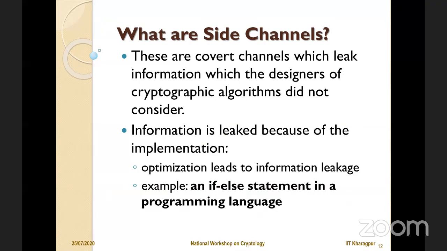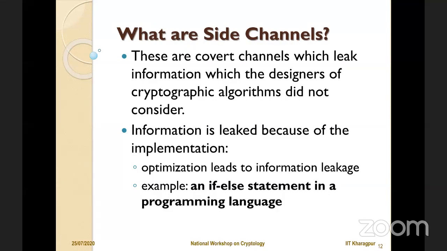It could be a combination of things: when you are implementing a crypto algorithm on an advanced microprocessor, there are several optimizations in place like speculative execution, cache memories, and branch predictions, which can open up side channels for your cryptographic computation.